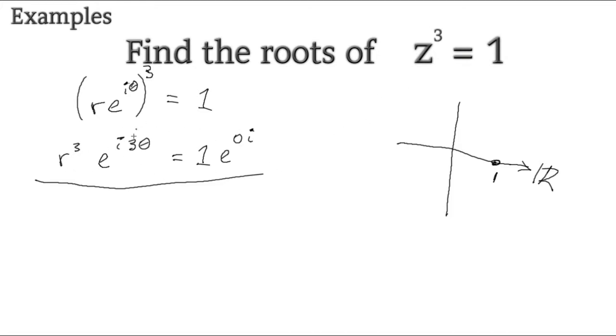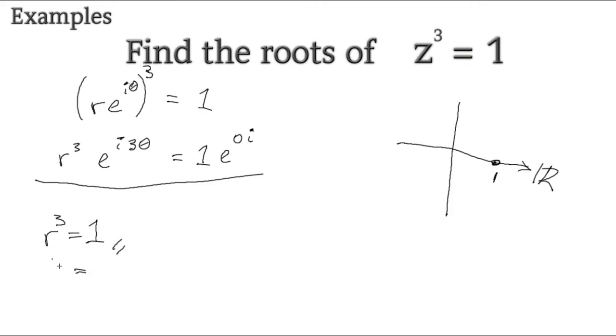Basically, you want to equate 1 with r to the n e to the i n theta. Now, from this, we can collect like terms or just compare coefficients. So for the modulus, r cubed equals 1.